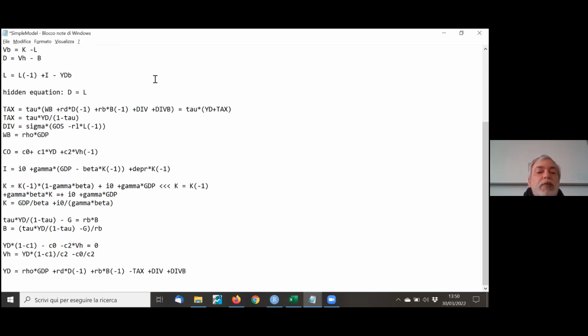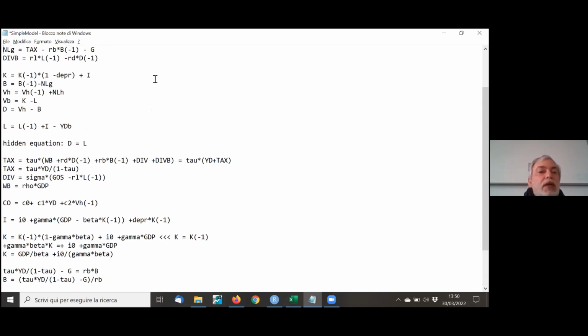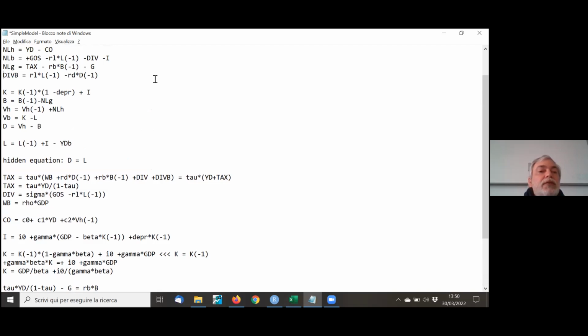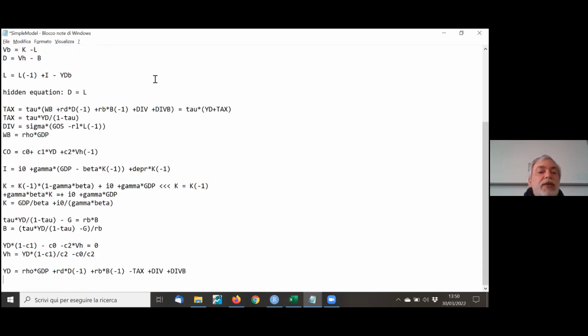Here we have a simplification that can be made because the dividends of banks will make the interest payments disappear, because these RL, RD minus 1 and these RD minus 1 will cancel out.